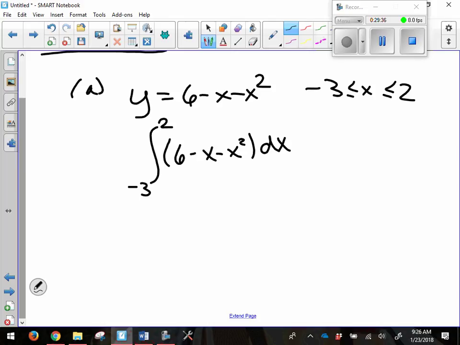And as you hopefully recall from the properties of integrals that we had earlier in this chapter, I can divide this up and integrate term by term, which I probably would want to do because this is pretty straightforward. So, what's the antiderivative of 6 going to be? Not the derivative, the antiderivative. 6x. Okay. Rebecca, what's the antiderivative of x to the 1 going to be?